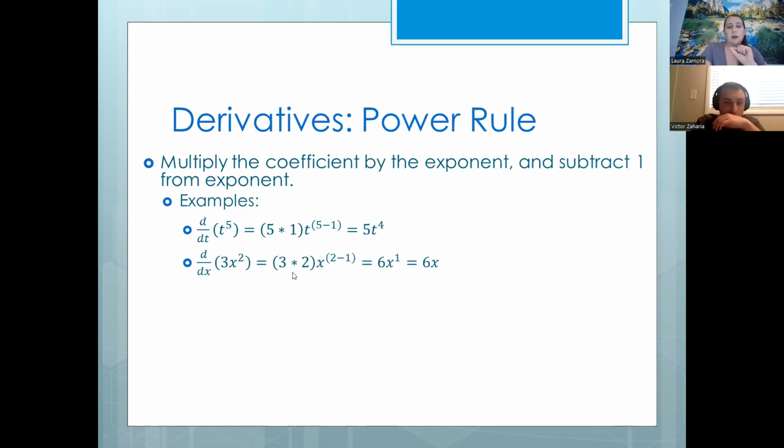We multiply the coefficient, which in this case is 3, times the exponent, which is 2. And then we subtract 1 from the exponent, so 2 minus 1. So 3 times 2 is 6. The x stays there, and the exponent 2 minus 1 is 1. So x to the 1 is the same thing as just x. So our final answer here is 6x.